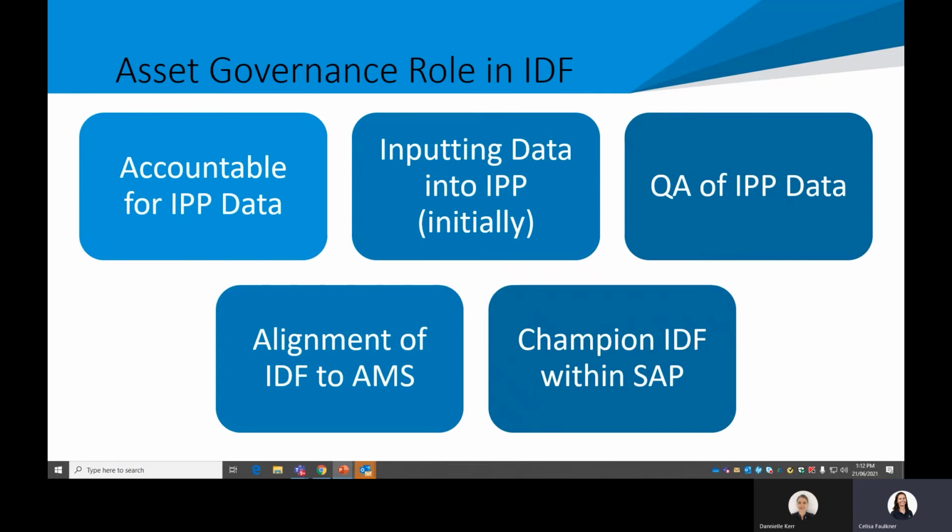What that looks like and how that works is something that I'm not sure of at the moment, and there's got to be further conversations around it. Is it that when a project manager or a proponent submits a business case, it first goes to an asset governance officer, then goes to the sponsor? That's an example. Or is it every now and again you just do a spot check of random ones, or it could look very differently.